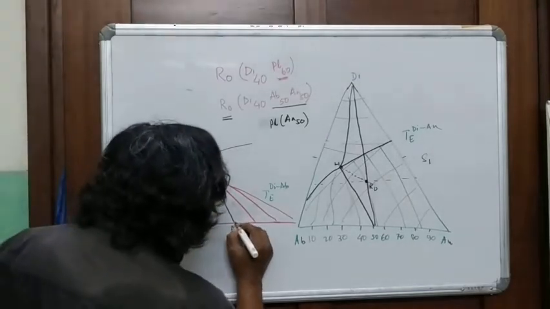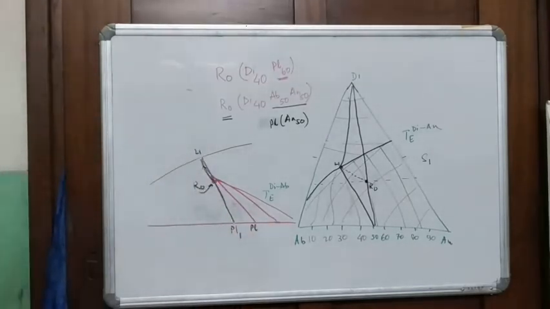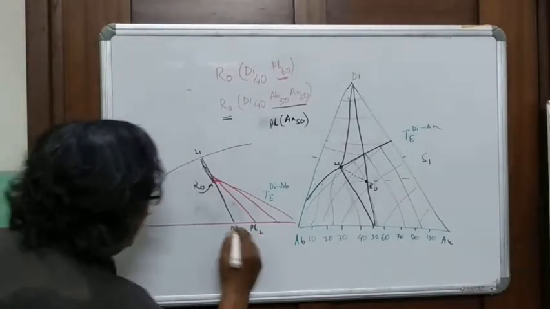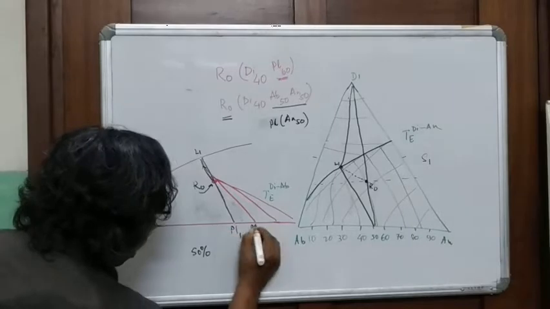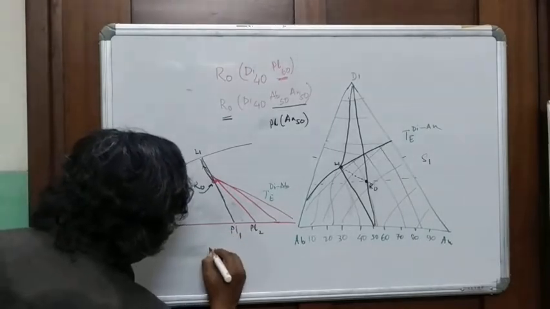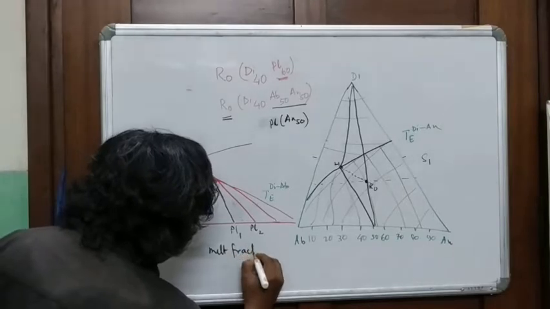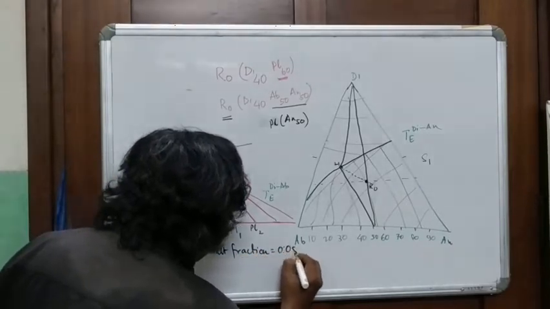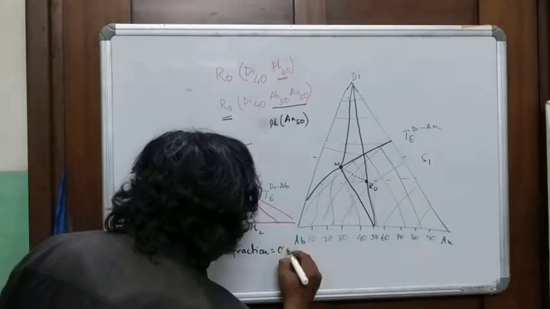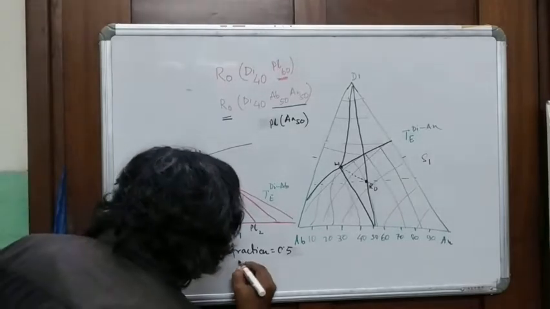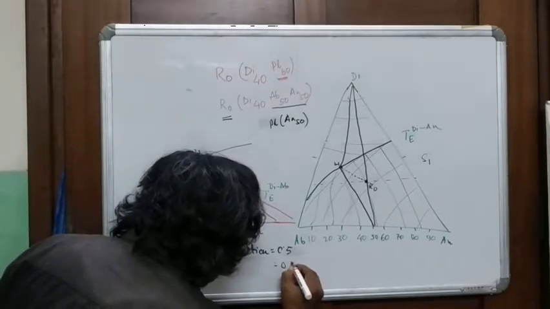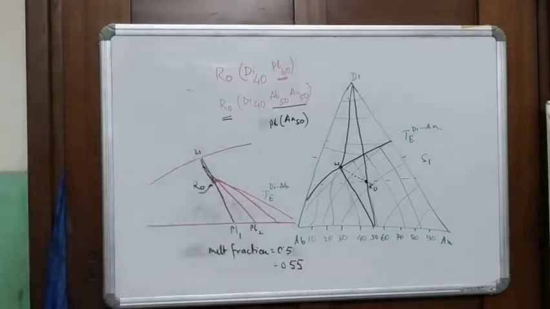If you take another plagioclase composition, say plagioclase 2, and say for example there was 50% crystallization, the melt fraction was 0.5. Now, because you're melting, you increase the melt fraction to 0.55. Have you understood? Melt fraction as 0.55.